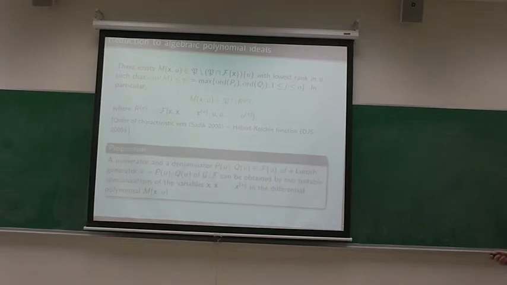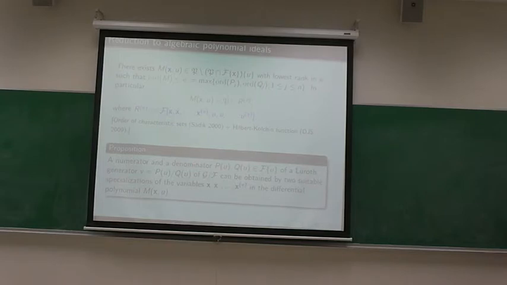The characterization, in fact, is that a numerator and a denominator for a Lüroth generator can be obtained just by specializing this polynomial m, in which the variables x are specialized at suitably chosen elements of the base field.